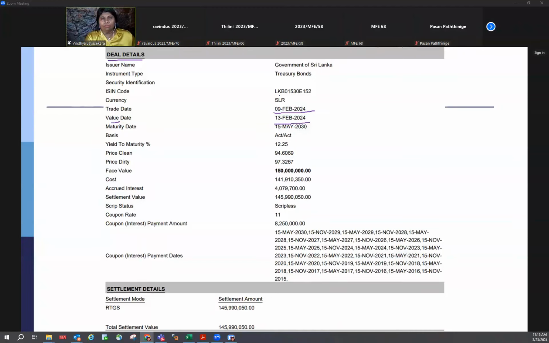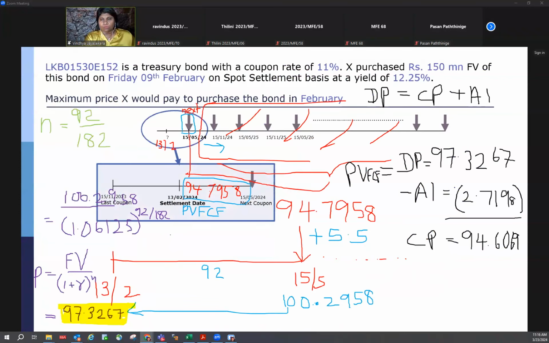This is a LKB 1530 E15 bond. So maturity date is 15th of May. Right? Yield to maturity, which is what we used as our required rate of return, is 12.25. Clean price 94.6069. Is that what we got? 94.6069. Right? We got the clean price.